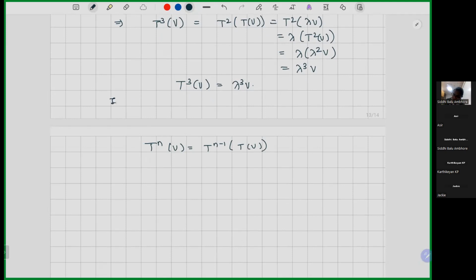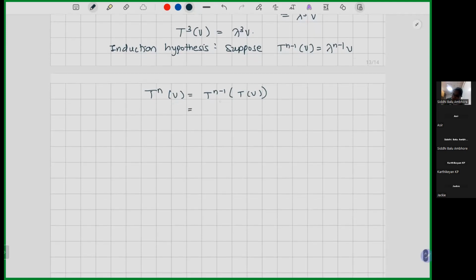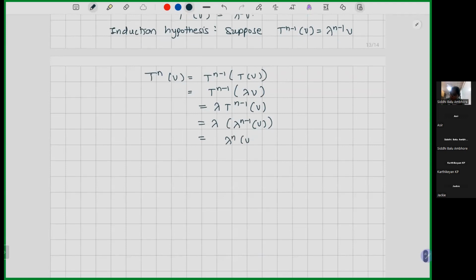Let me write the induction. So this is T^(n-1)(λv) = λ T^(n-1)(v) = λ·λ^(n-1) v because of the induction hypothesis, and this is λ^n v.